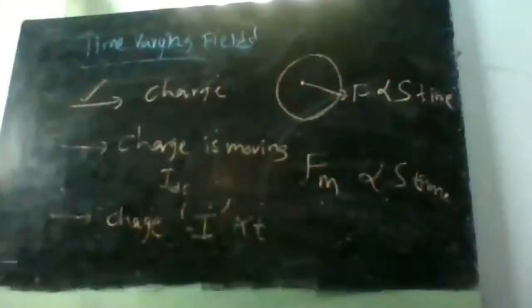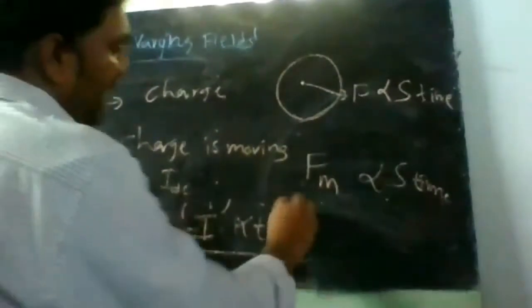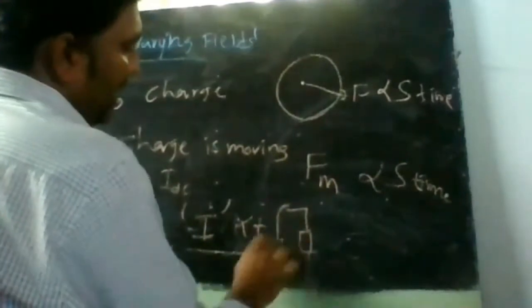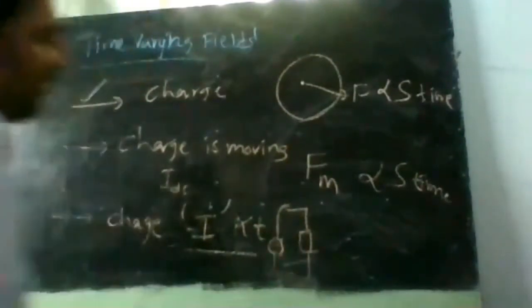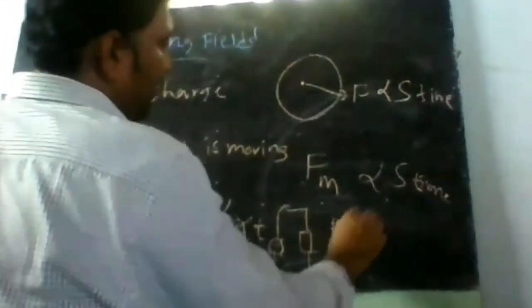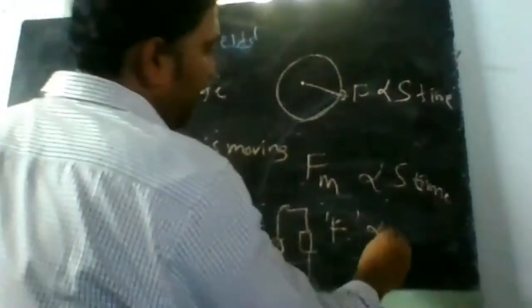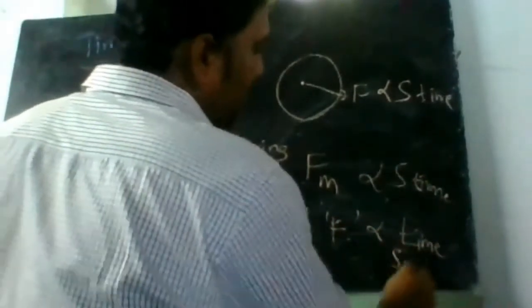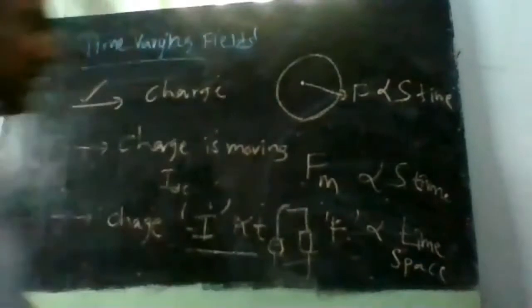So we are producing time varying currents. If a time varying current is passed through a conductor, we will get a force, and this force is a function of time and space.